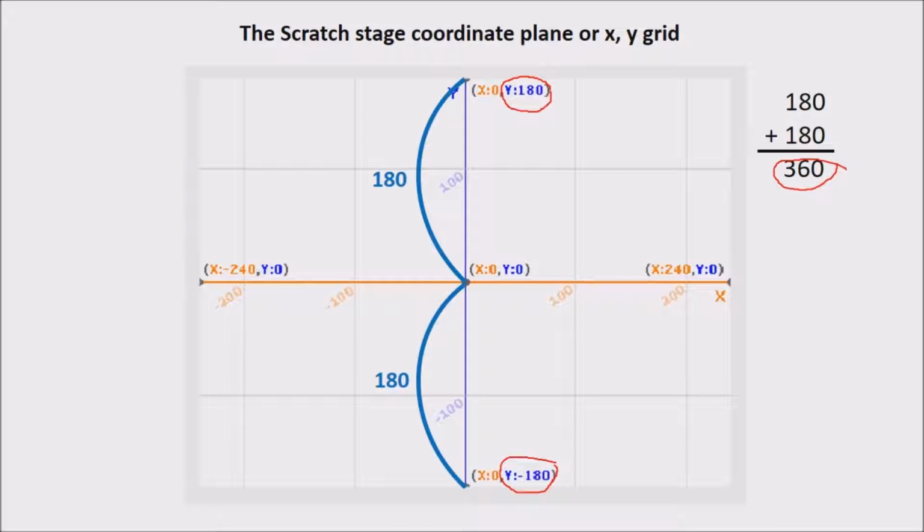Now let's talk about another important part of Scratch, something you need to know to make your sprite move. You need to know about degrees.